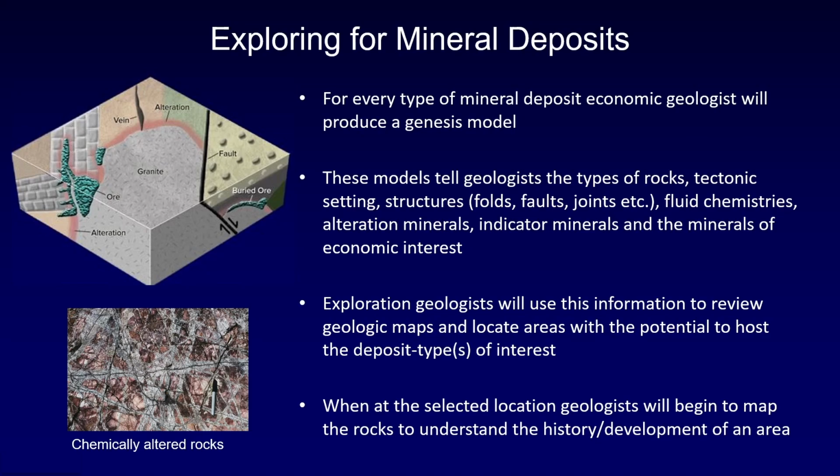When you have selected your location, you're then going to send geologists in and they are going to begin to map the rocks to understand the history and the development of the area. If we have a look at the pictures here, one of the things geologists are going to look for when trying to locate mineral deposits is alteration.